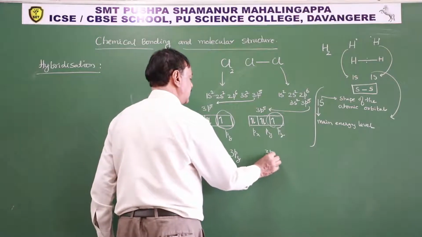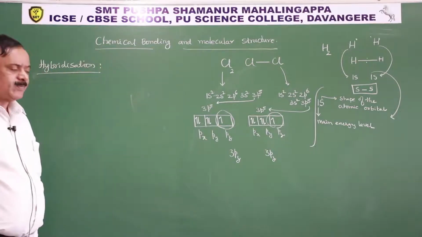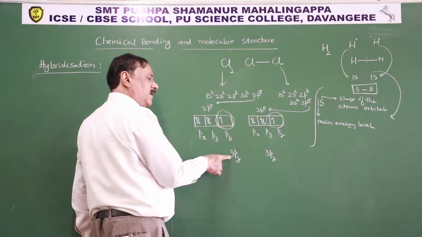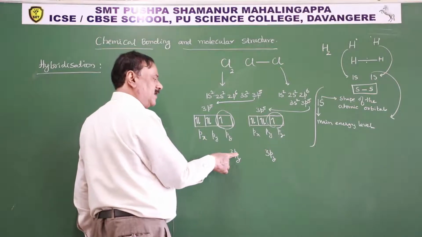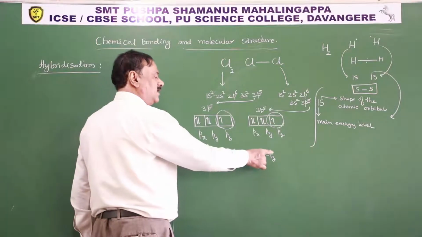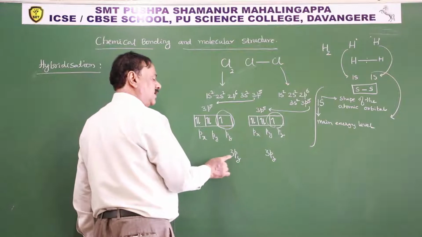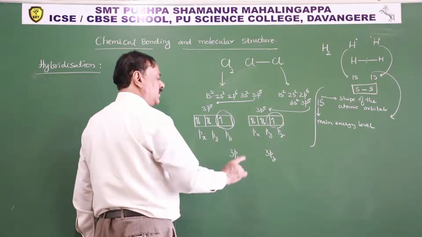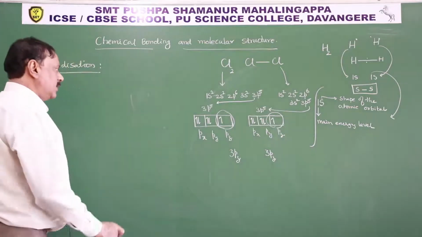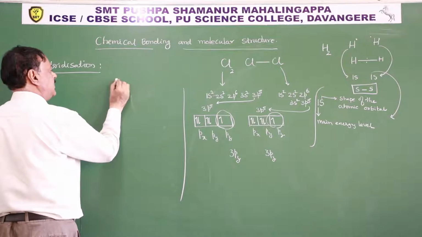Just see here, the main energy level is the same, that is 3 and 3, and the sub energy level is also the same, that is pz and pz. Therefore, the energy, the shape and the orientation of the two atomic orbitals are the same.